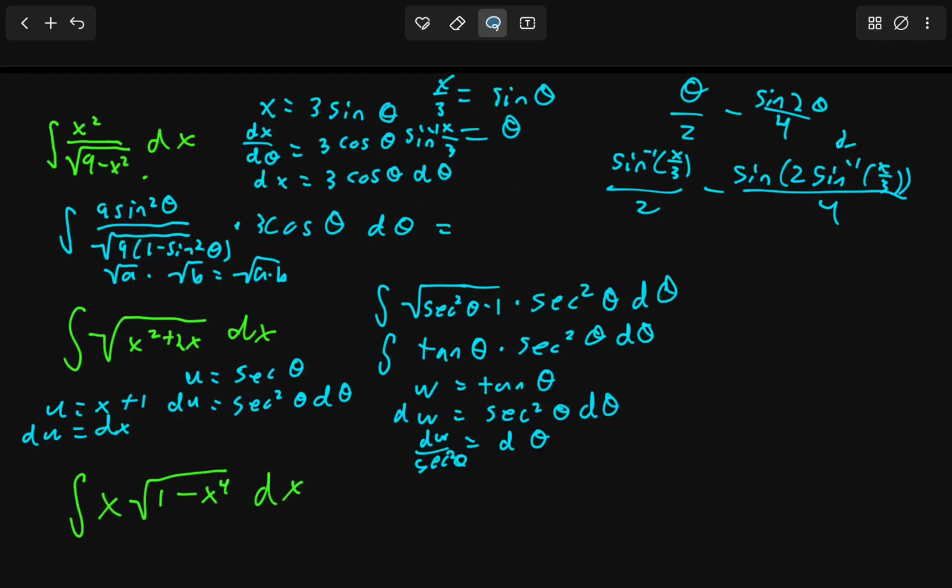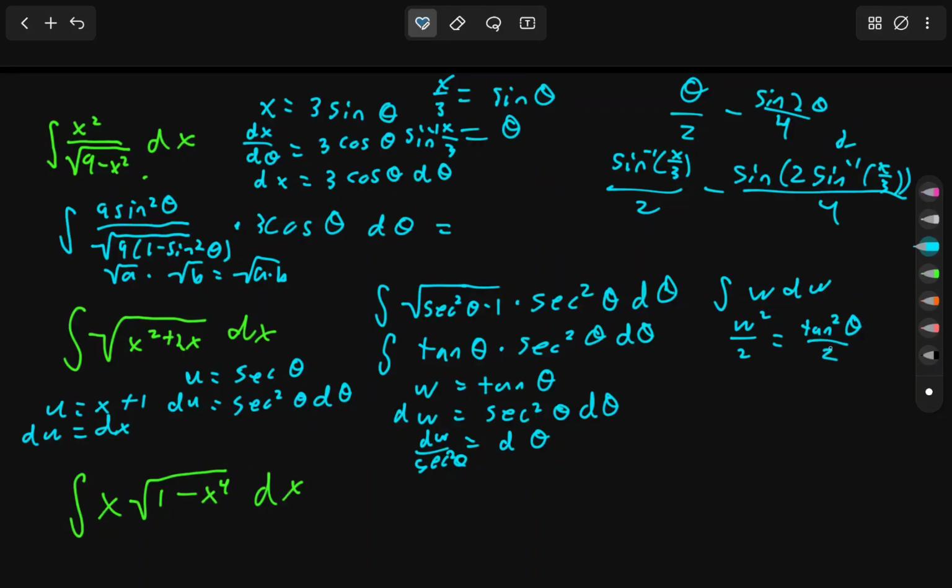Alright, so now this becomes the integral. The secant and the secant will cancel, leaving us with the integral of w dw, which will become w squared over 2. w squared over 2 is going to be the same thing as tangent squared of theta over 2.